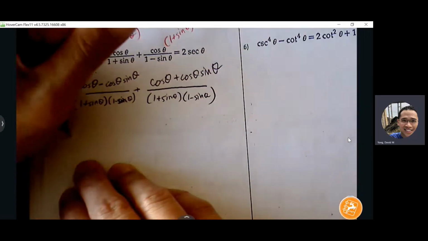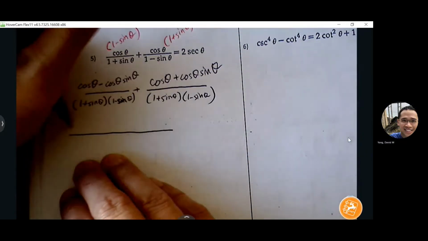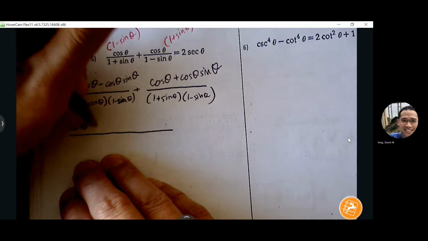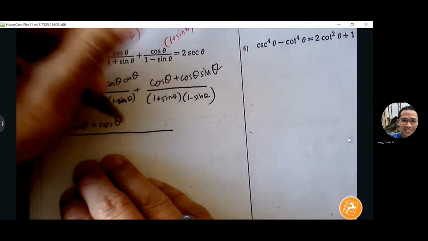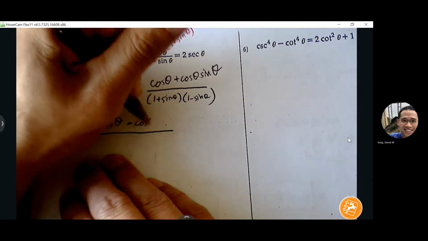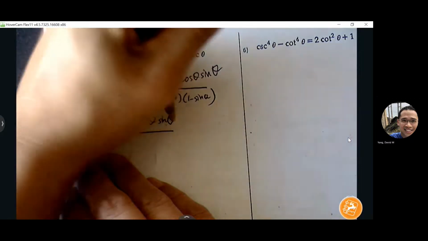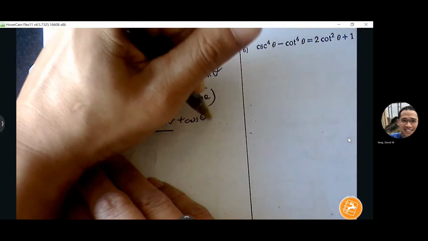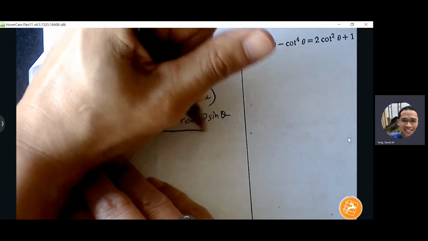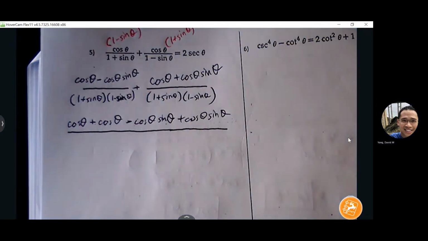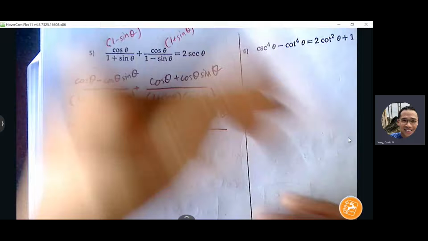All right, combine everything as one fraction. What's nice about the numerator? What cleans up nicely here? Cosine sine goes away.